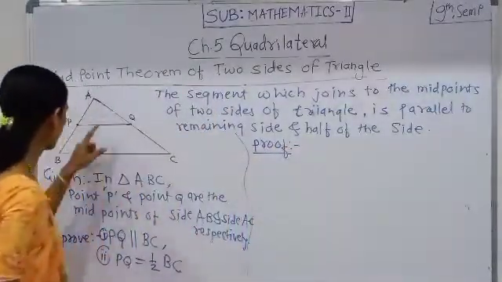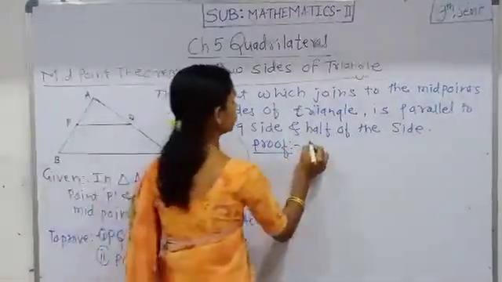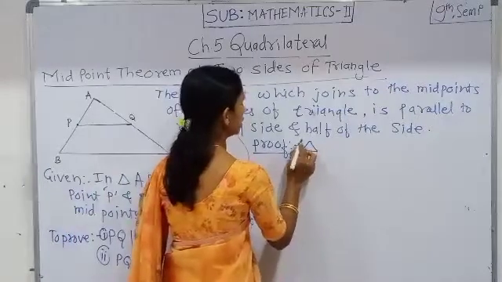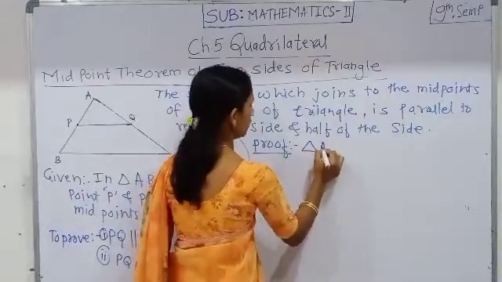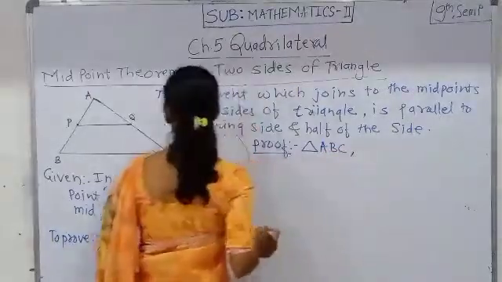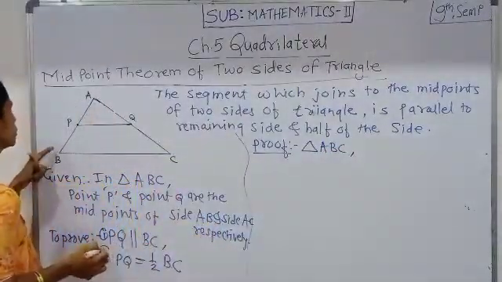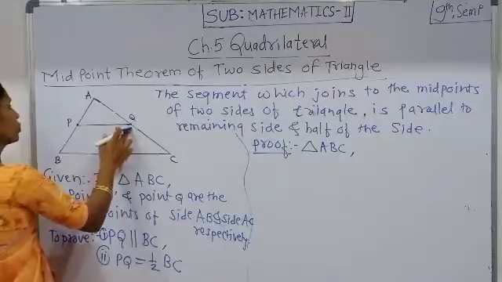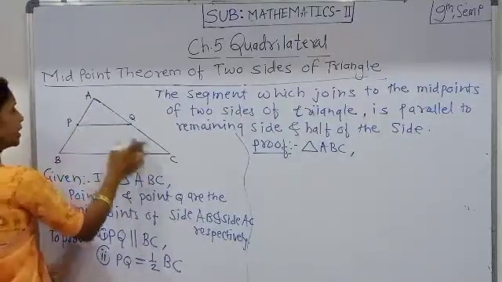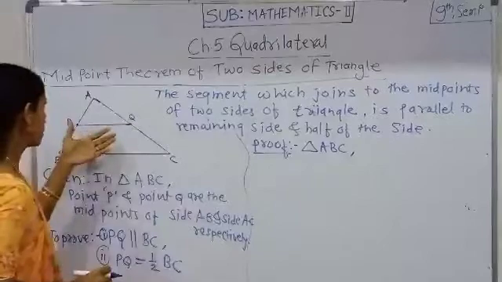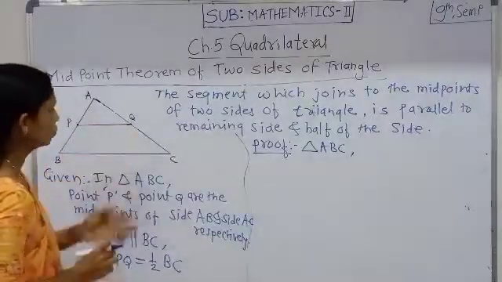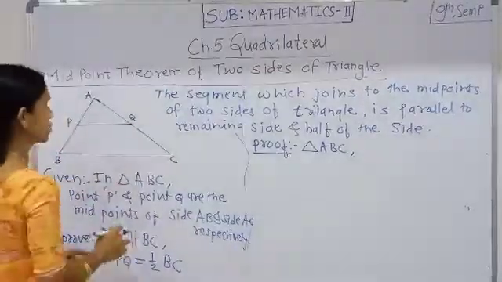Again, in triangle ABC, PQ is a segment which joins the midpoints of two sides, that is side AB and side AC. But here we have to do some construction.